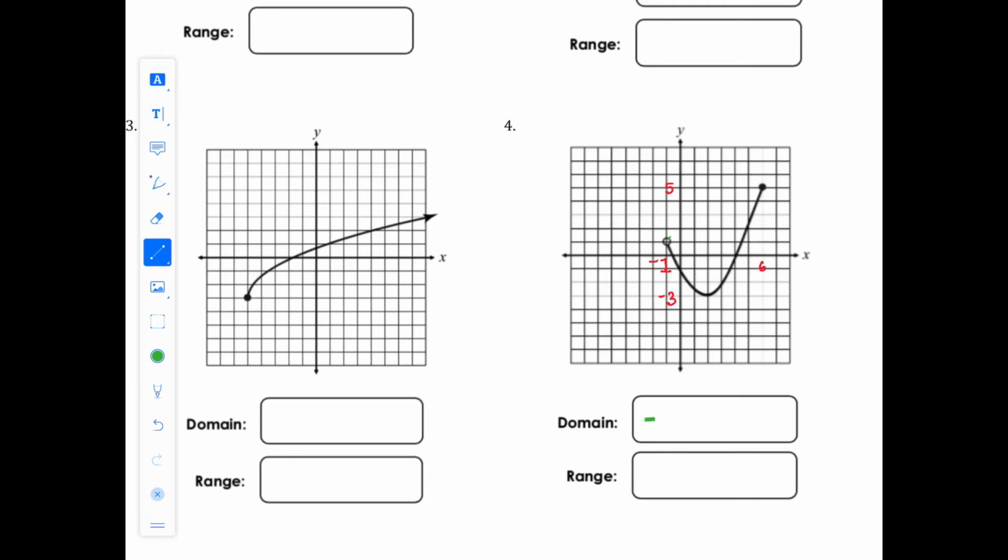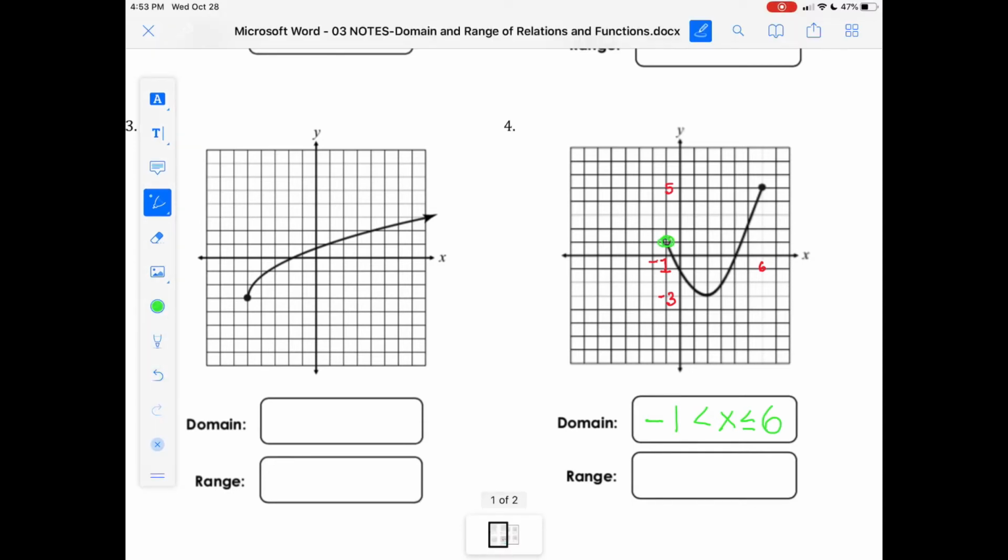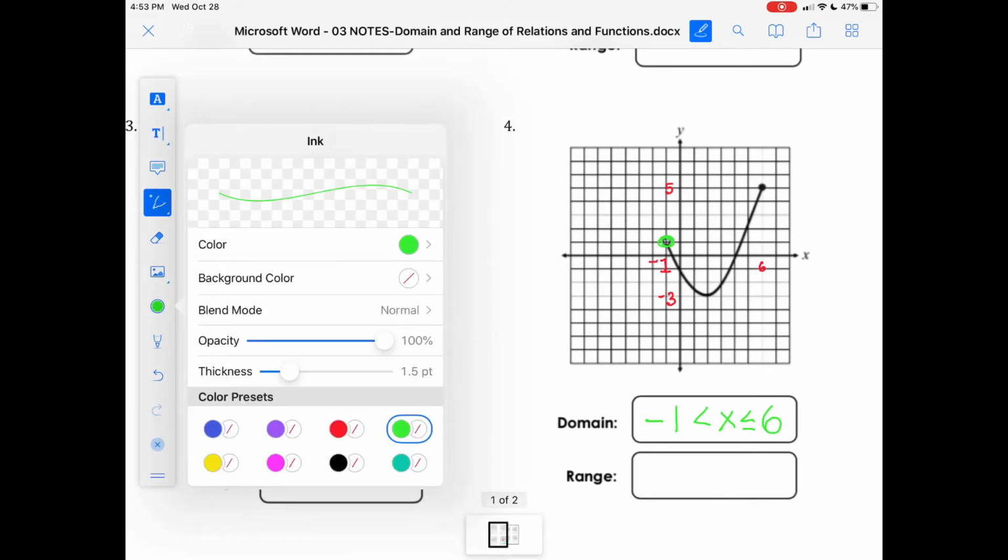So for our domain, we would once again use a compound inequality because we are saying that the domain would be the x values in between -1, but not including -1, and 6, and including 6. So we write that as -1 is less than x, which is less than or equal to 6. So that tells us immediately that we are not including -1, but that's where our boundary lies.